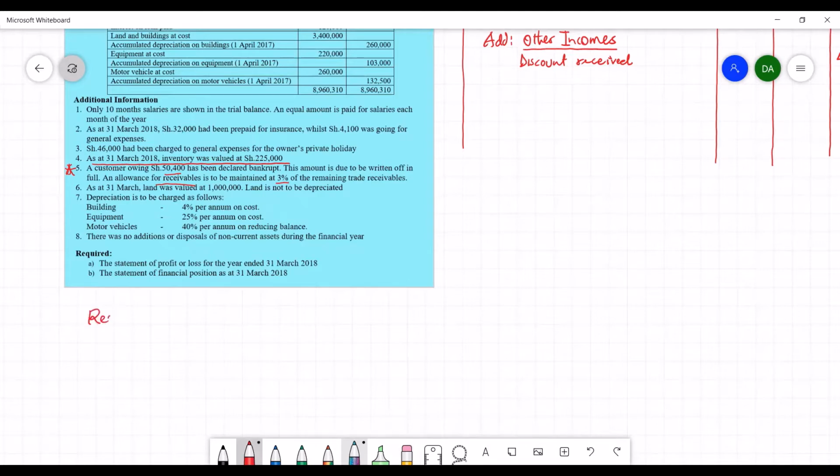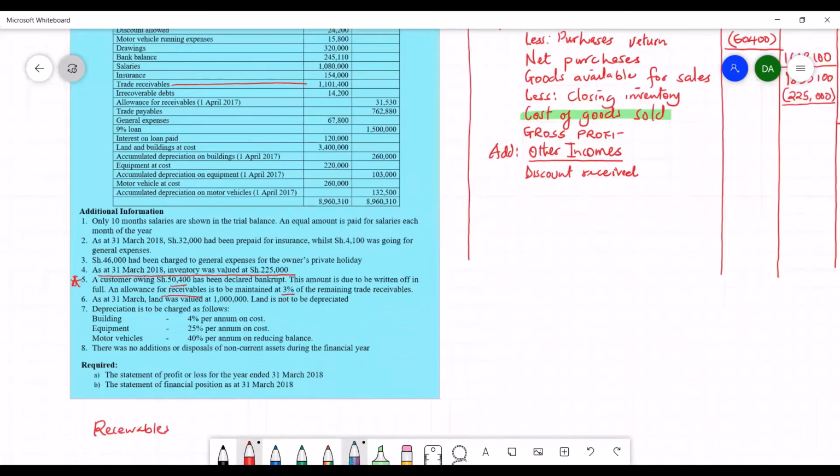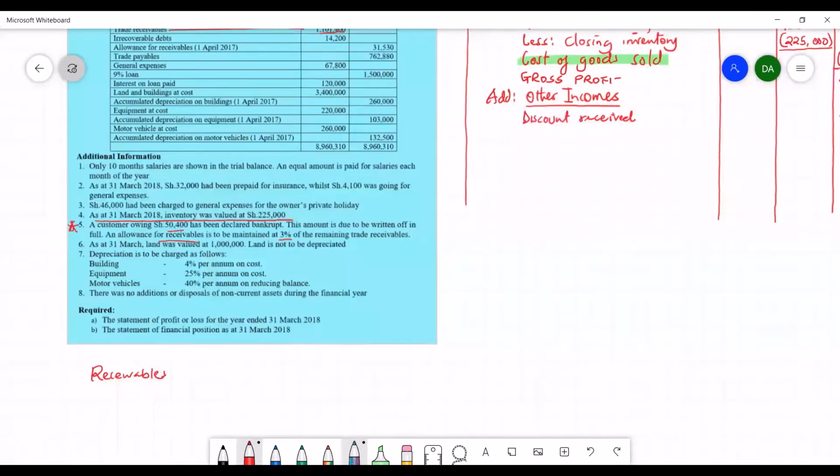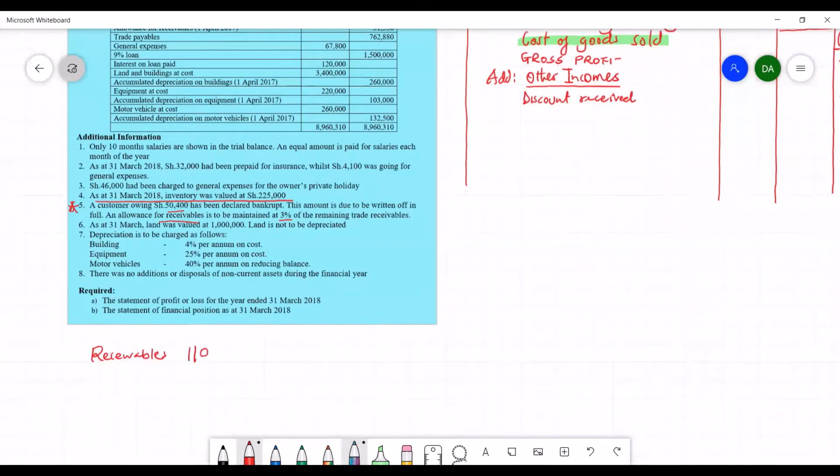So for the receivables, we have a total of 1,101,400. Then we say 1,101,400 minus 50,400, which is to be written off according to additional information number 5.